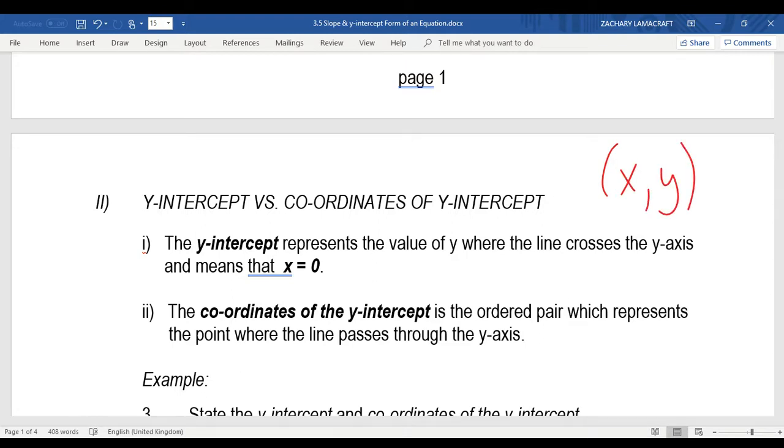Well, if I had a y-intercept of 3, it doesn't go left or right. It's right on the origin. So it would be 0, 3. So the y-intercept represents the value where the line crosses the y-axis, which we already know. But it also means that x is equal to 0.